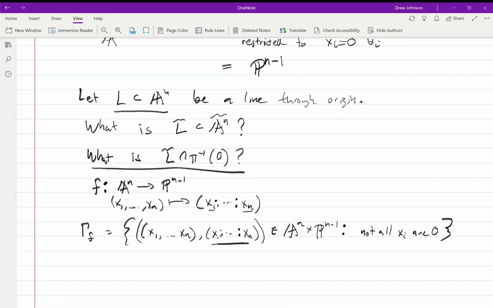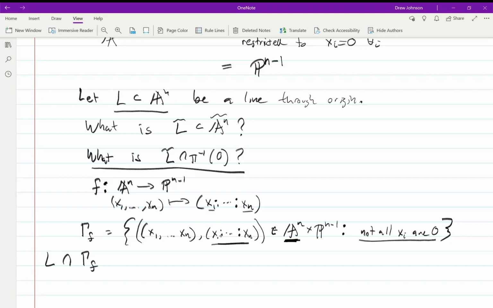Well, let's now think of what this graph intersected with L is, where by intersecting with L, I mean using the isomorphism, where this graph here is isomorphic to A^n minus this condition.